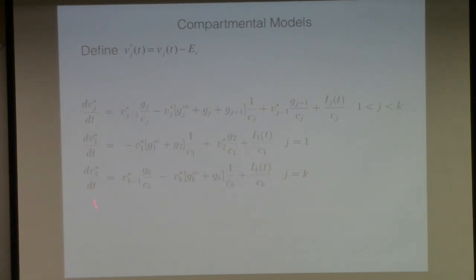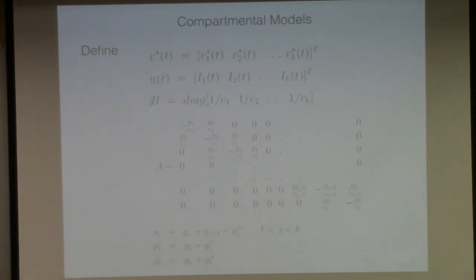I'm just rewriting them in terms of a new voltage relative to whatever the resting potential may be. So V star is 0 if transmembrane potential is equal to that reversal potential. We're just recalibrating the voltage range here.